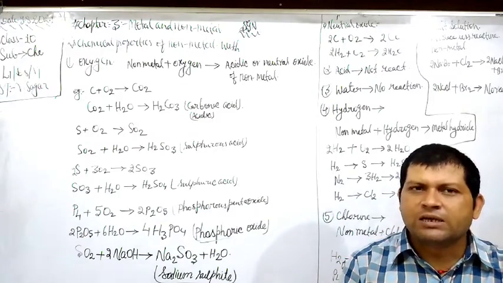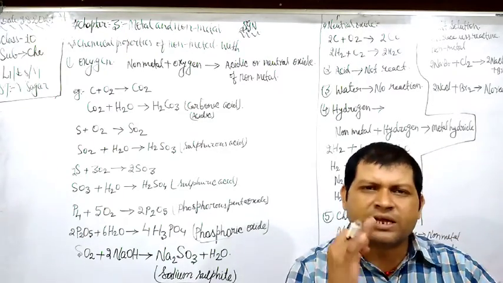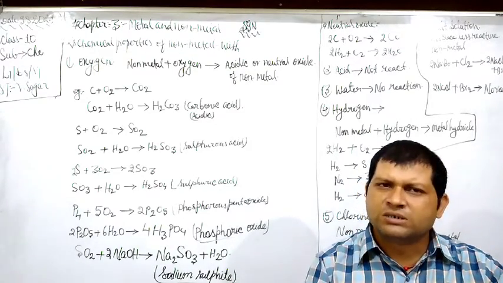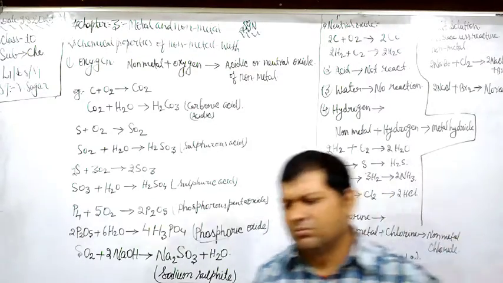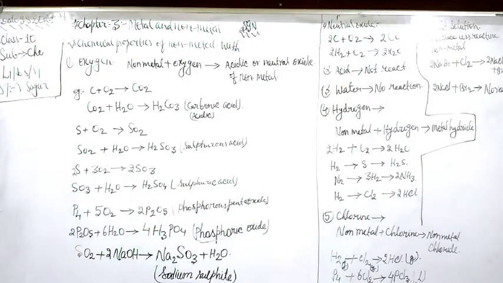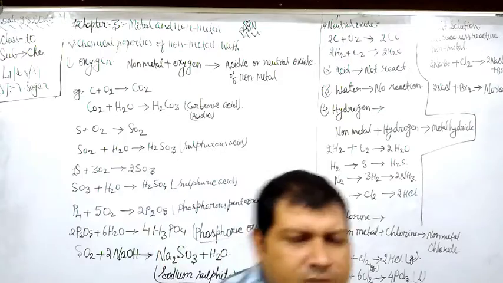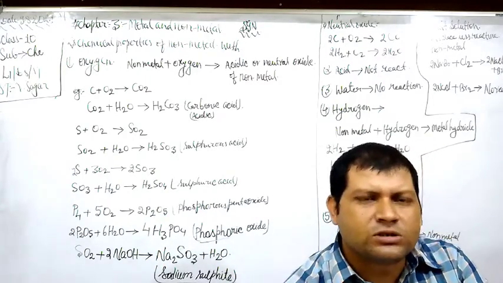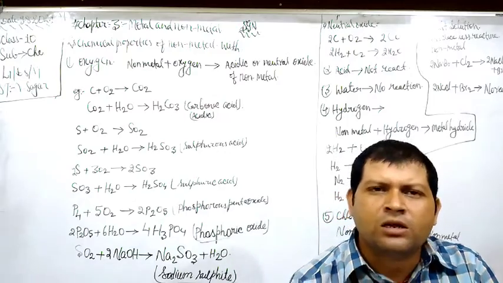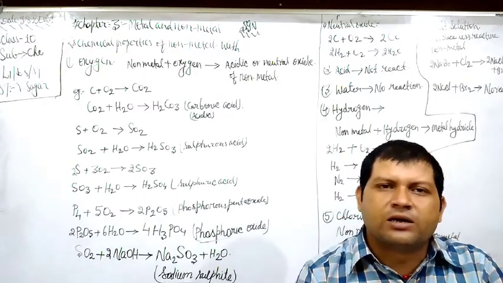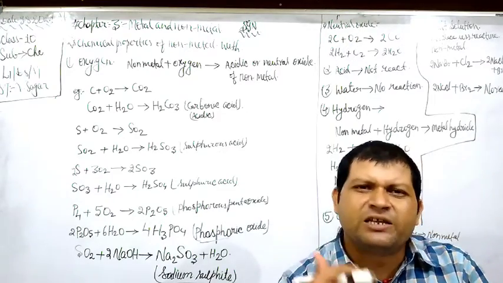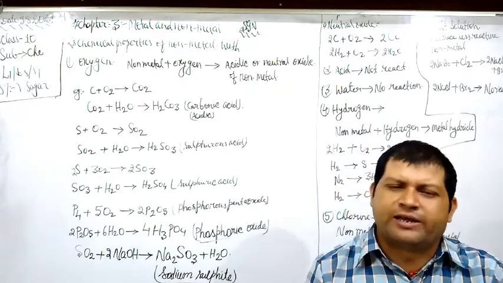And generally nonmetals have 5, 6 or 7 electrons in the outermost shell, so they require either 3, 2 or 1 electrons to complete their octet.